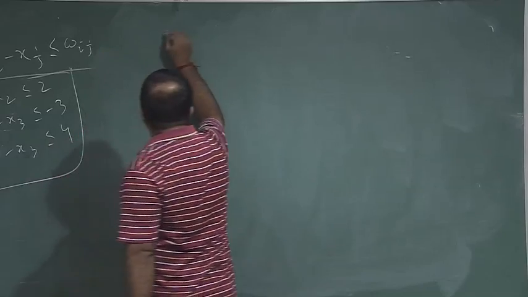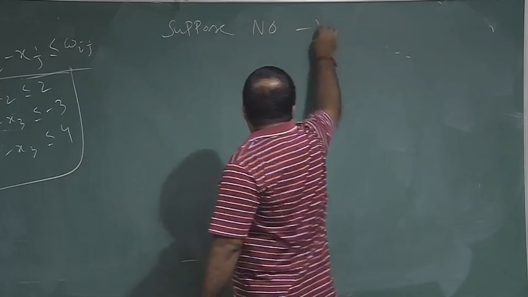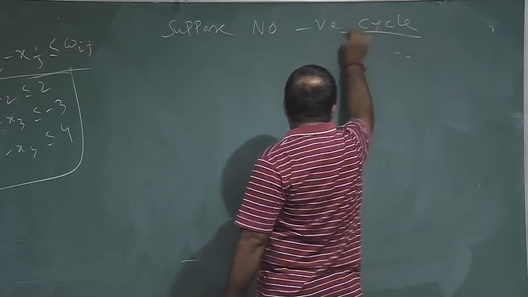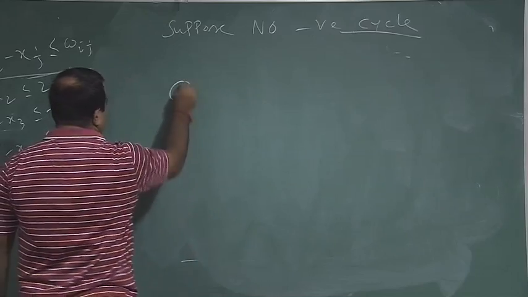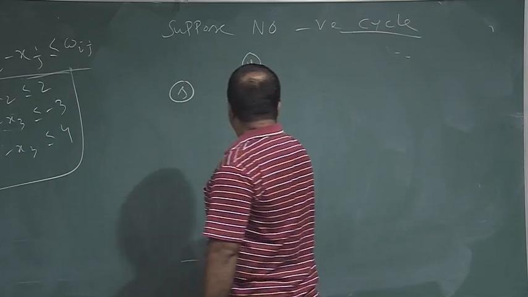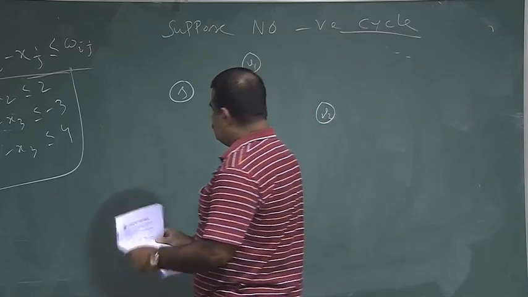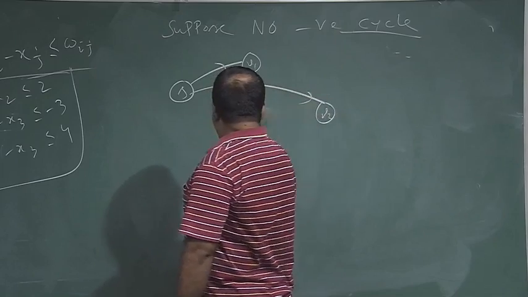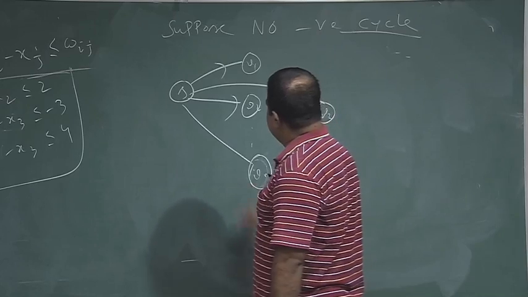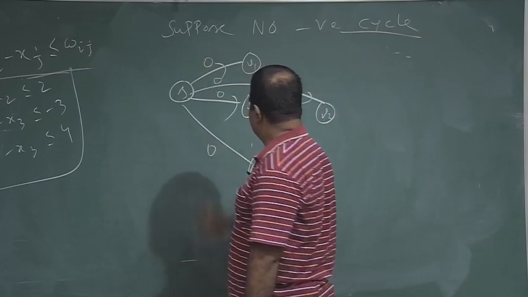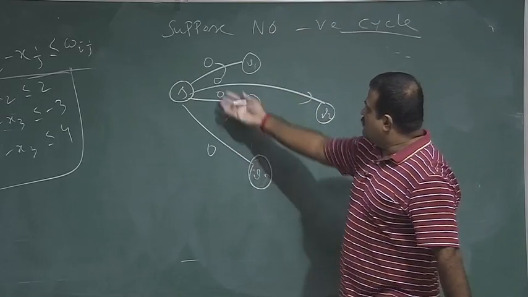So, suppose there is no negative cycle in the corresponding graph, then we should get the solution. How to get the solution? Let us introduce a new vertex S with an edge to every other vertex V 1, V 2, V 3, and so on, with edge weight 0.